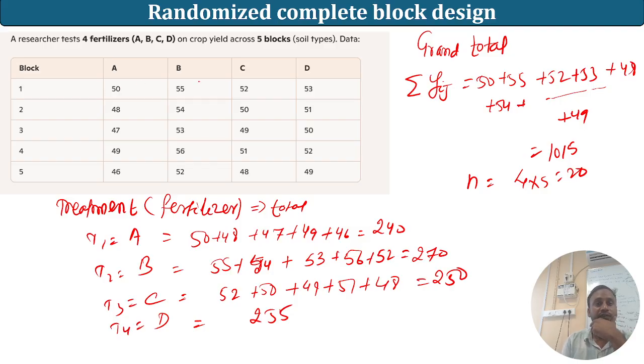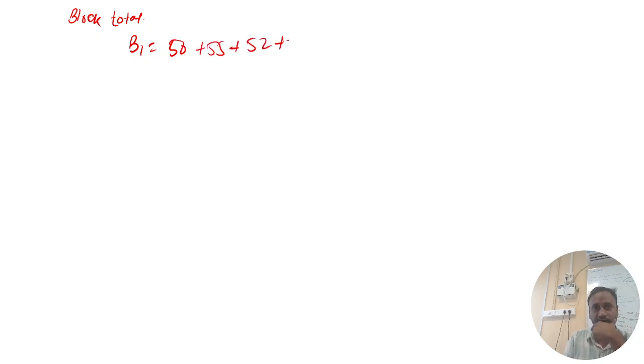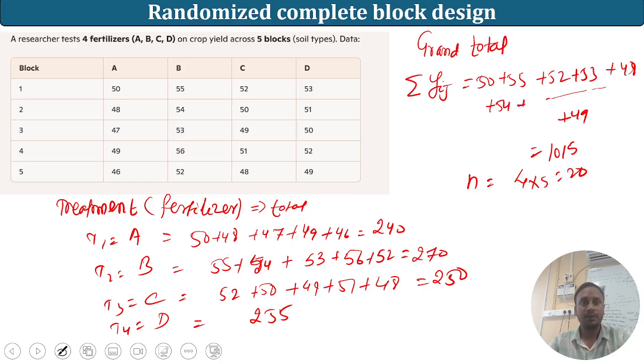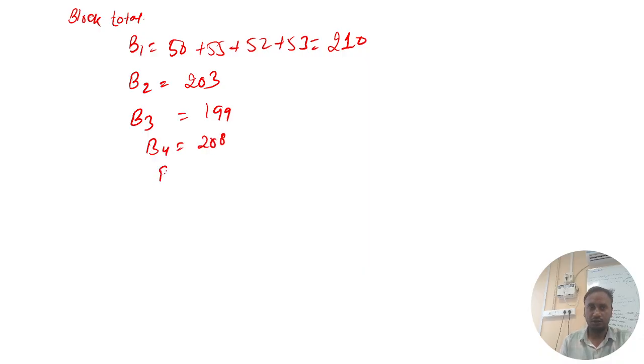So B1 will be 50, 55, 52, 53, which came to 210. Similarly, B2 will come to somewhere 203. B3 will come to 199. B4 will come to 208. B5, 195.